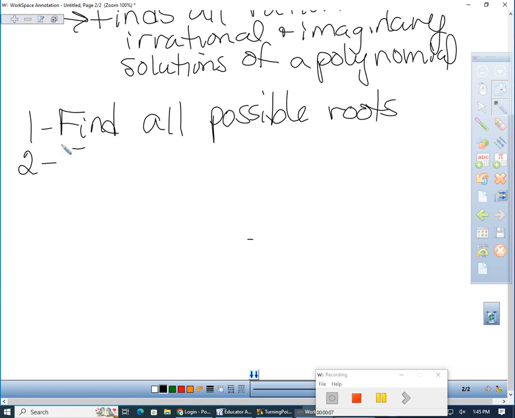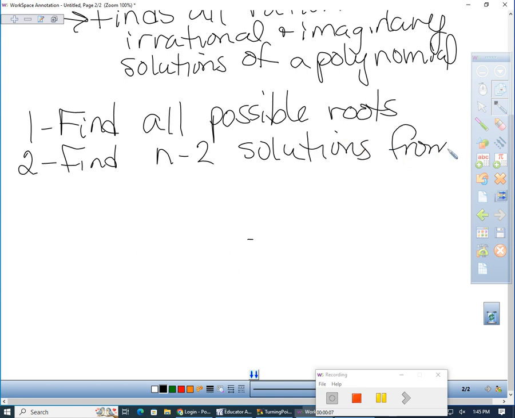You need to find N minus 2 solutions from possibles.